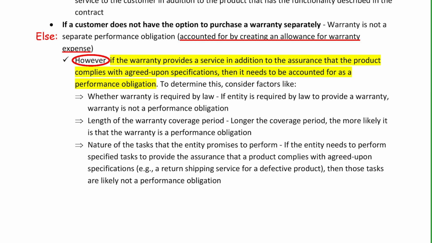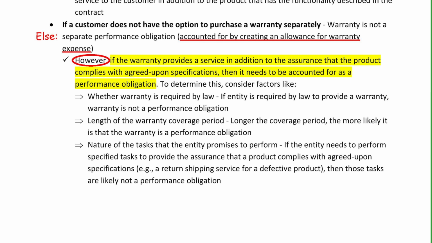So guys, basically our question is, is the warranty a separate performance obligation or not? So if the warranty is sold separately or the customer has an option to purchase the warranty separately, it's a separate obligation.